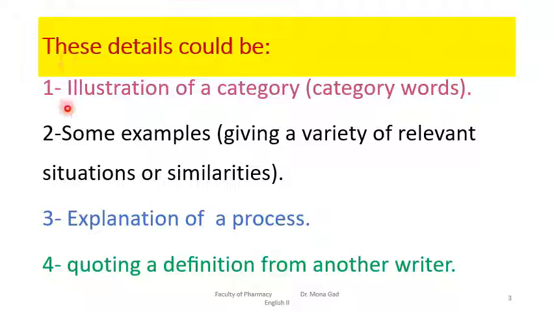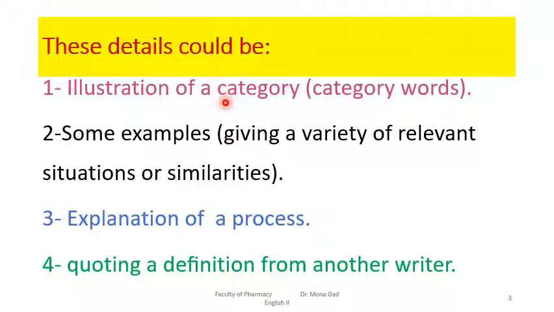The details inserted in a definition to make it complex could be an illustration of a category. What does it mean? The category itself sometimes is not easy to understand, so it needs a definition or clarification.